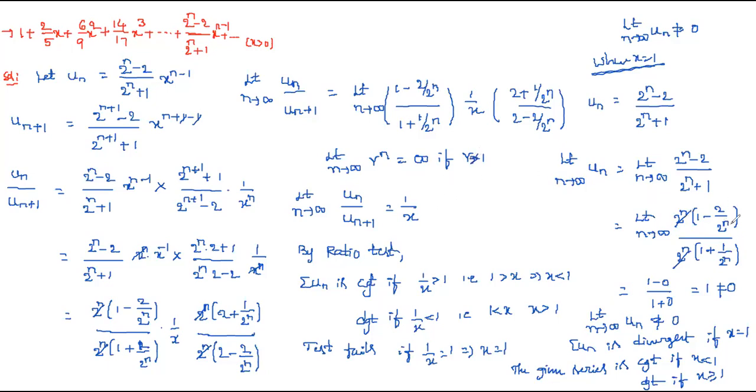So simply we get 2 by infinity, which is obviously 0. So this value is 0 and this value is also 0. And what about the remaining? Only 1 by 1, which is equal to 1. So that is not equal to 0, so we simply say that it is divergent.